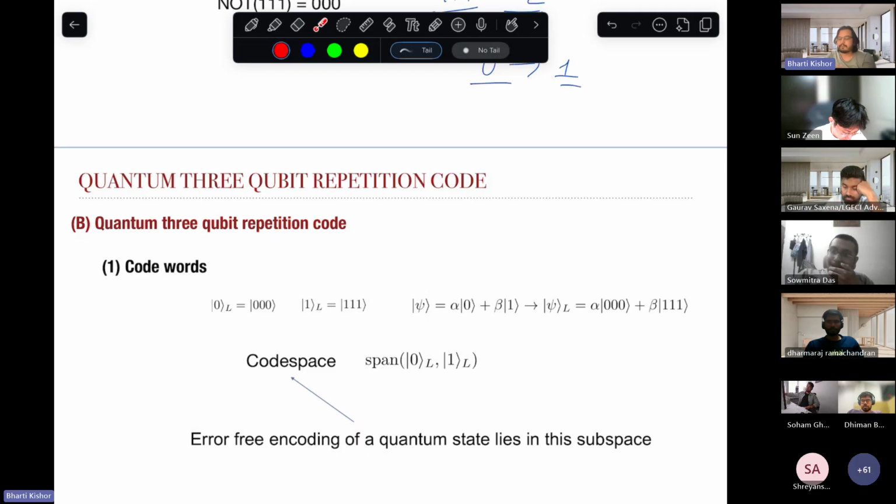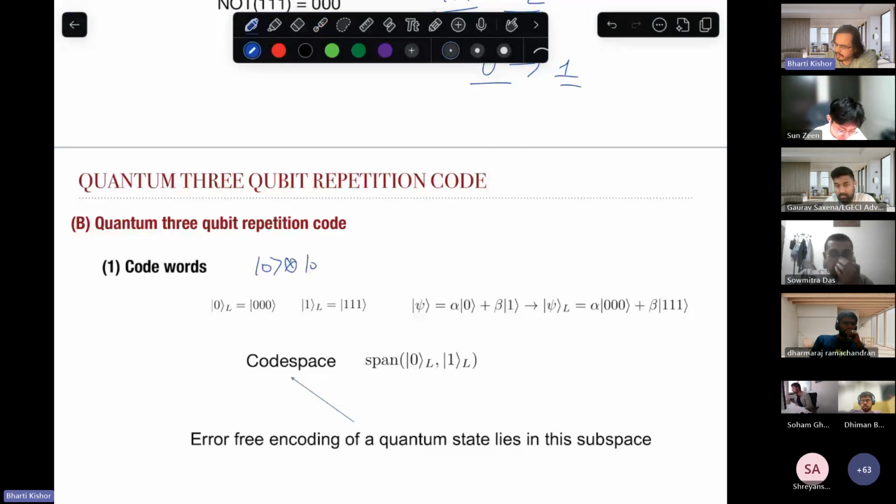So let's talk about, similar to the classical case, this thing called code words. We had this zero logical, which was 000, in the classical case. In the quantum case, you just put a ket around it. So your zero logical is ket 000, which is nothing but 0 tensor 0 tensor 0.